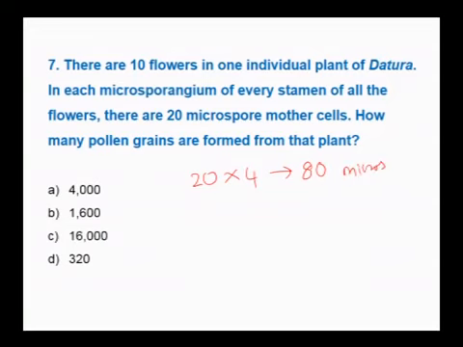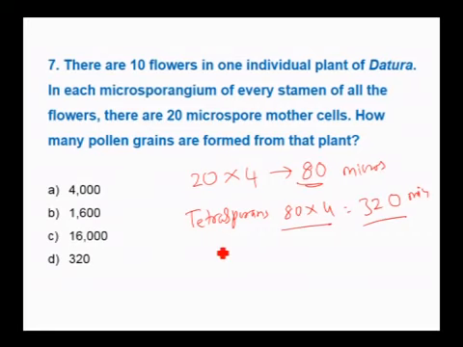And the flowers of Datura are dithecous. They are tetrasporangiate. From one chamber 80, therefore for 4 chambers, that is for one stamen, 80 into 4, it is 320 microspores produced from one stamen.